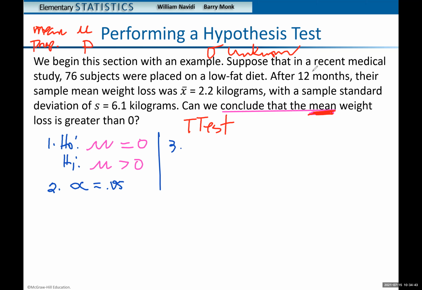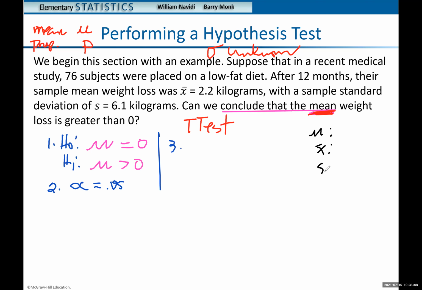Scroll down, look for t-test. I think it's the second. And then highlight stats. What do you see? You should see mu on top, right? You should see X bar, which is the sample mean.